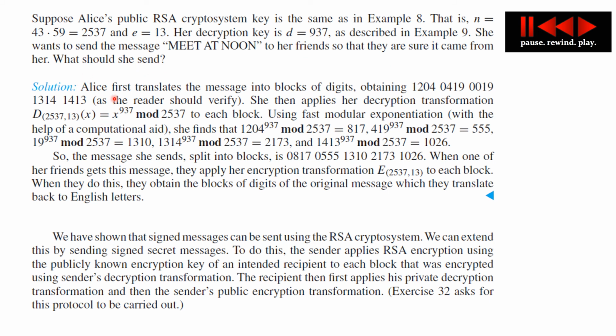What should she send? Well, she first translates into blocks of digits, getting this, and then she applies her decryption transformation to each block. And using fast modular exponentiation, she finds that this raised to the 937 mod 2537 is this number, which is 555, and 19 raised to the 937 mod 2537 is this number.